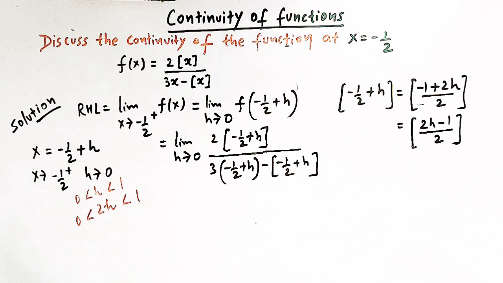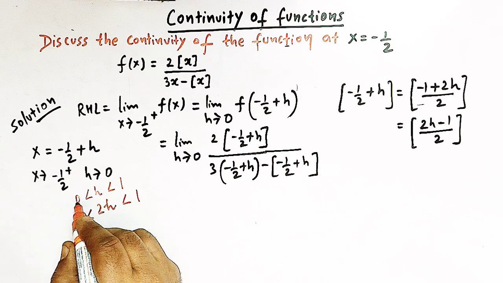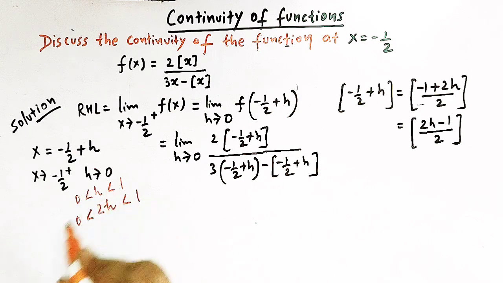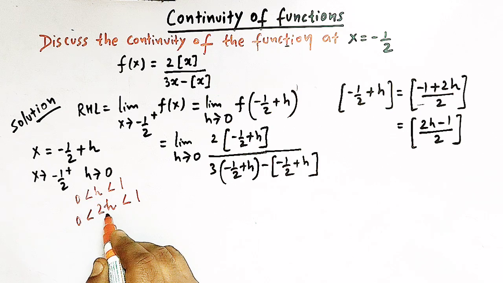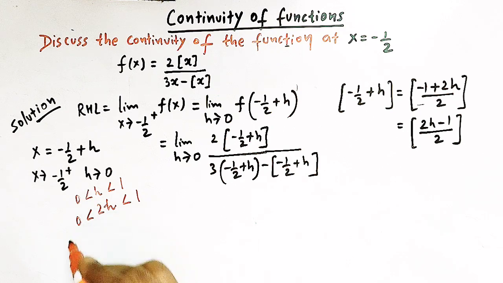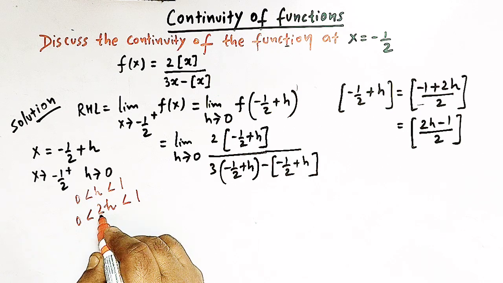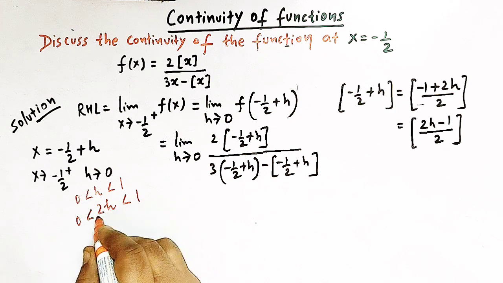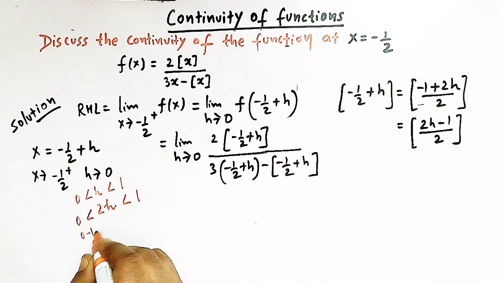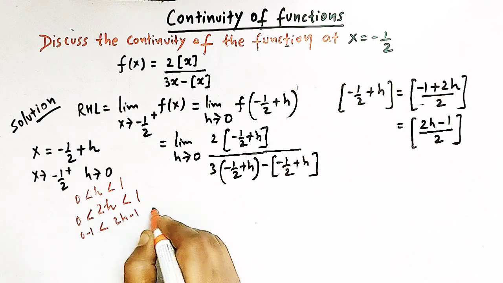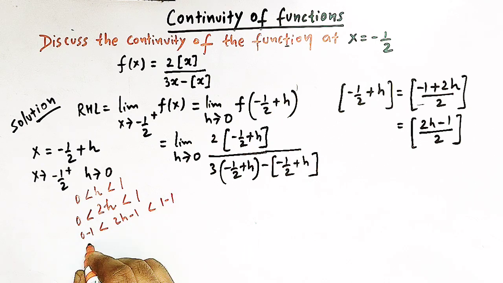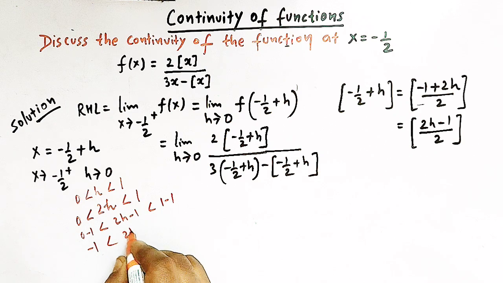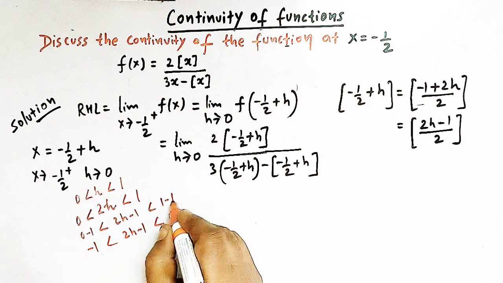So the product of 2 and h should also lie between 0 and 1, and 2h is also infinitesimally very small. Now let us subtract 1. So we have 0 minus 1, 2h minus 1, and 1 minus 1. So we have minus 1, 2h minus 1, and this is 0.